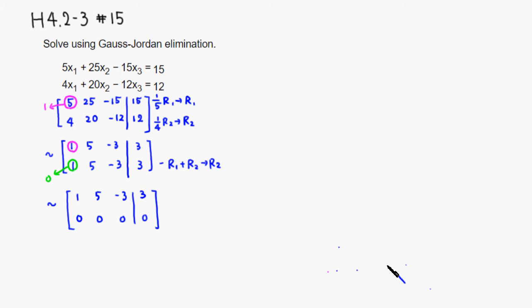What we need to do now is turn the first row back into an equation. This corresponds to x1 plus 5x2 minus 3x3 is equal to 3.